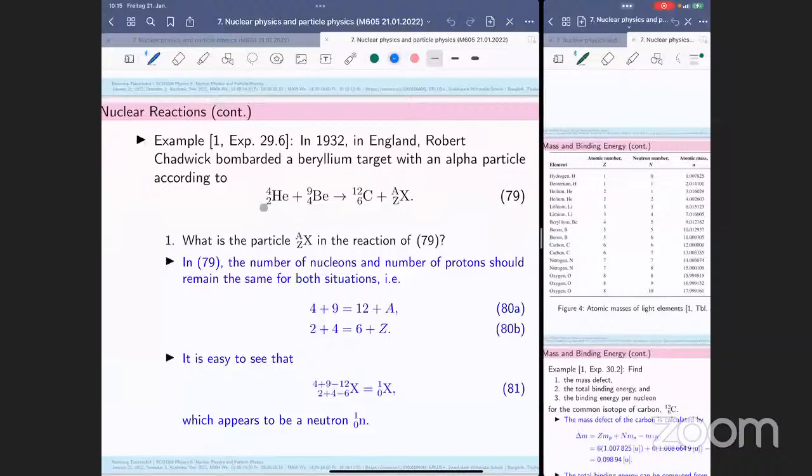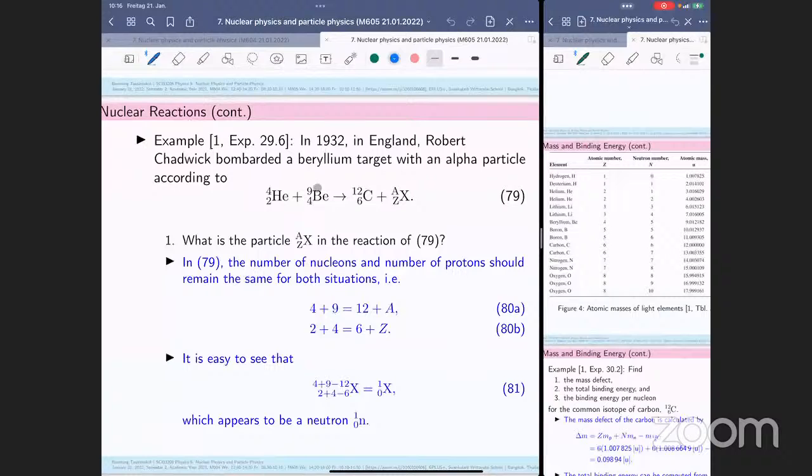And Robert Chadwick accelerated the alpha particle, because it's positively charged, right? You can use the magnetic field to increase their velocity, and then you get a high-speed alpha particle, and this alpha particle is going to crash into the nucleus of beryllium 94, which is an isotope of beryllium.